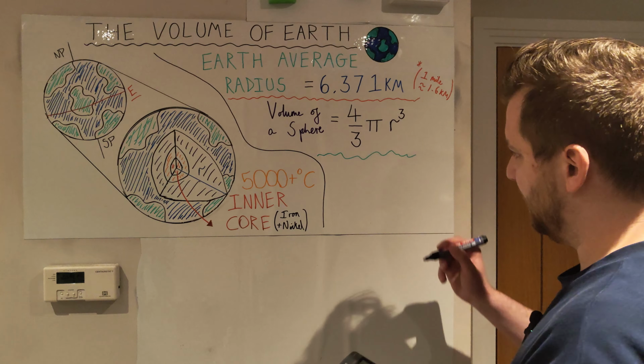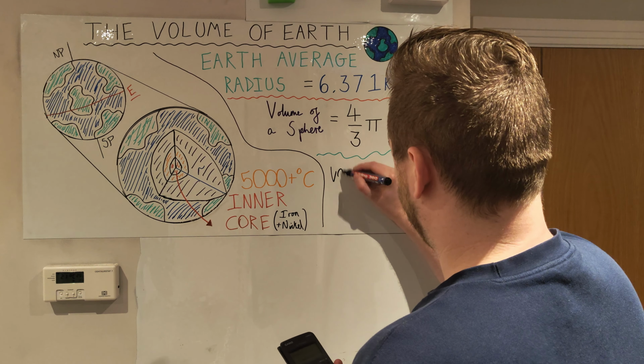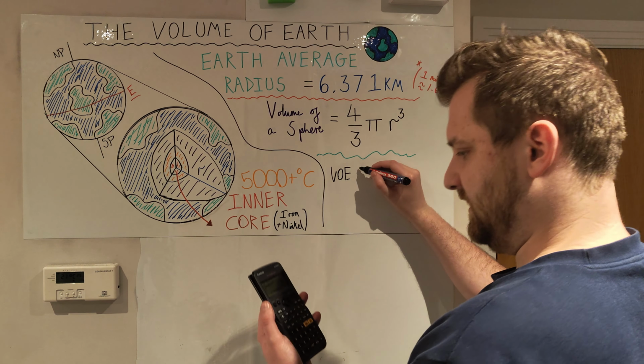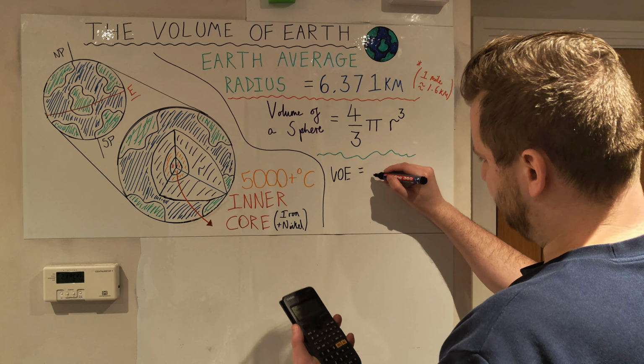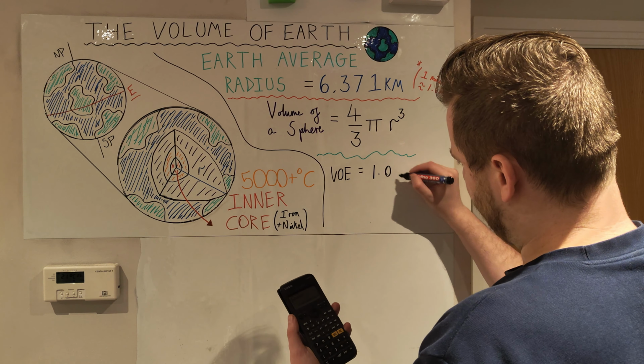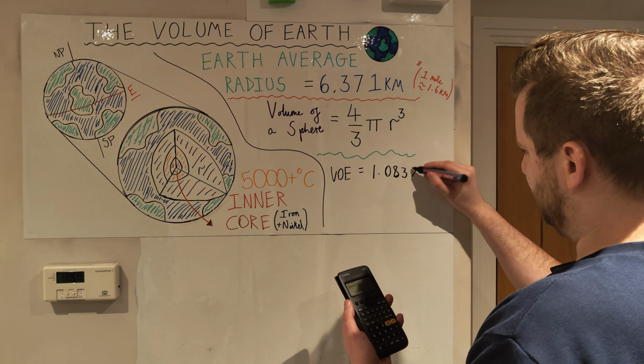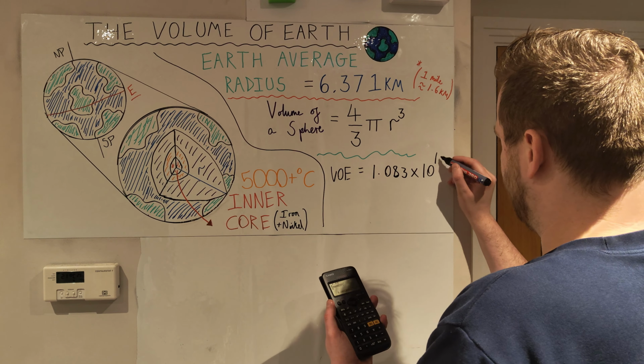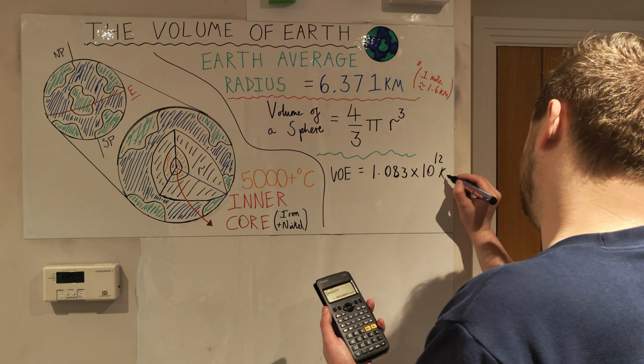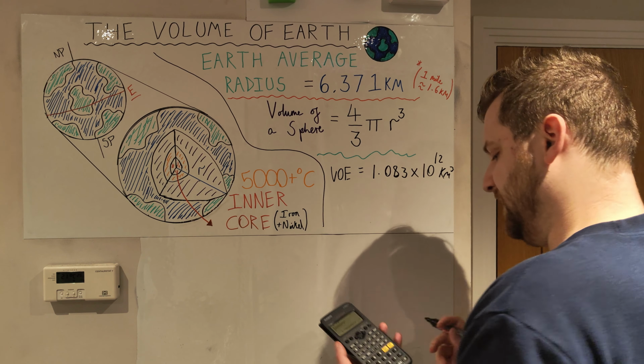So our volume of Earth is equal to, let's just make it more rough, 1.083 times 10 to the power of 12, and this will be kilometers cubed.